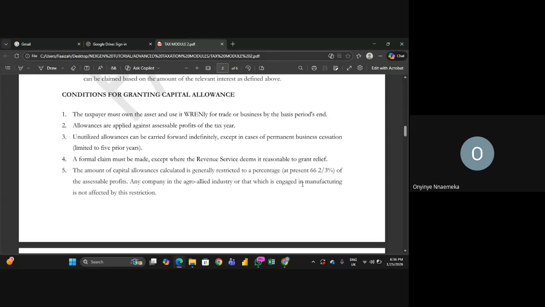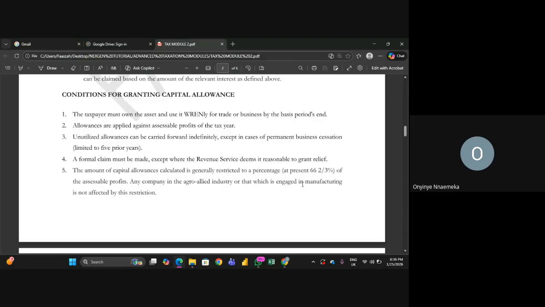So it means that the company that you want to claim capital allowance for must be the owner of the asset, and they must have been using the asset as at the end of the basis period. So you cannot claim capital allowance for an asset that a company does not own.